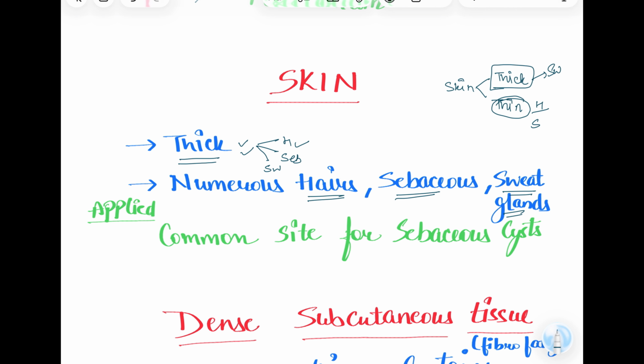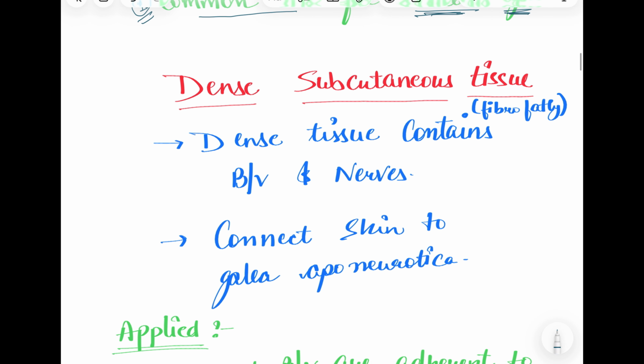So as there are sebaceous glands, it's a common site for sebaceous cyst formation. So this is one of the applied points that can come in the exam, that is the common site for sebaceous cyst formation.